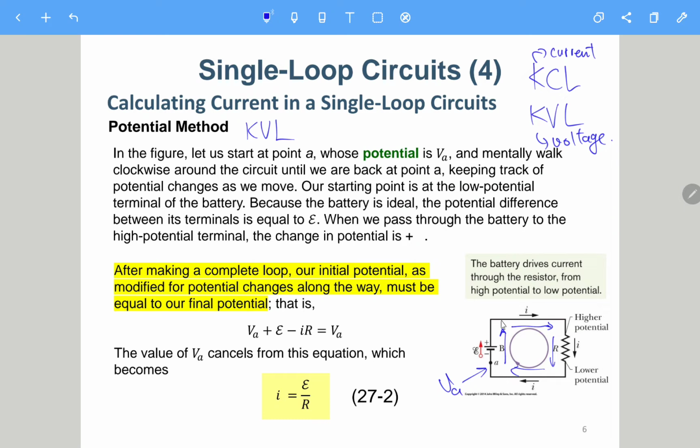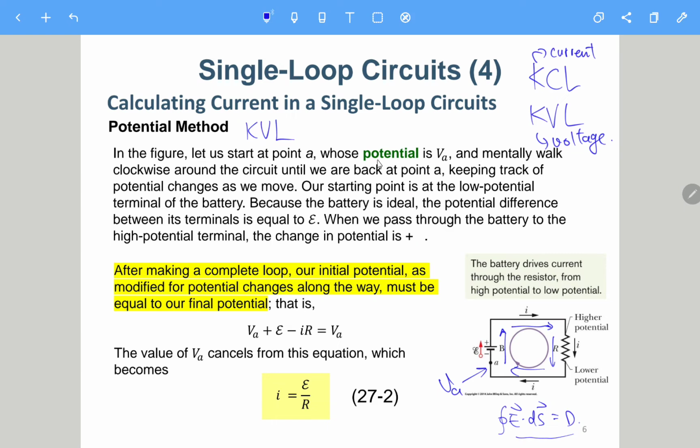After going the whole complete loop and going back to the original point, the potential change over the complete loop should be 0, because this circuit doesn't involve any magnetic flux changing, so it doesn't apply Faraday's law. And here we of course assume that E dot ds is 0 for this case.